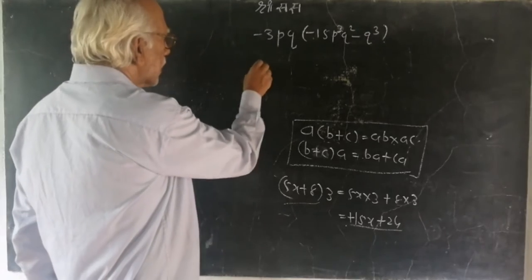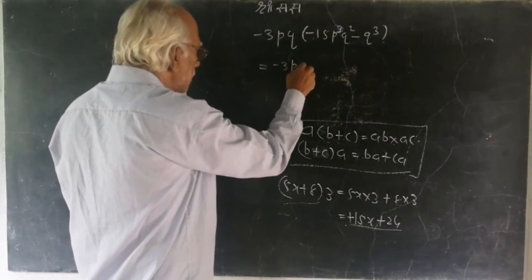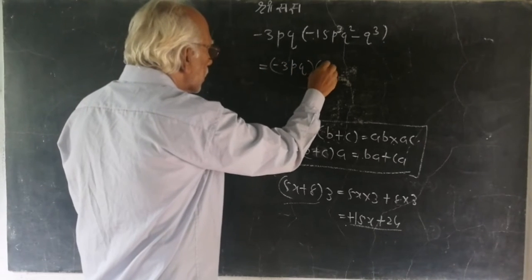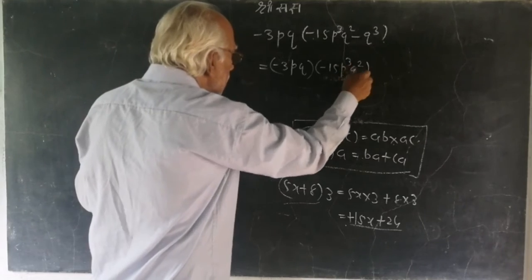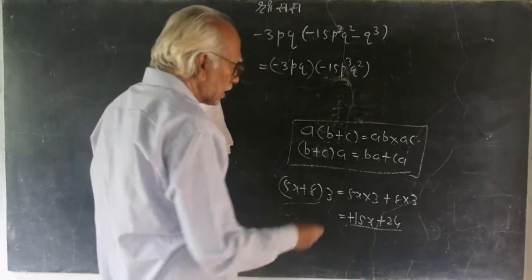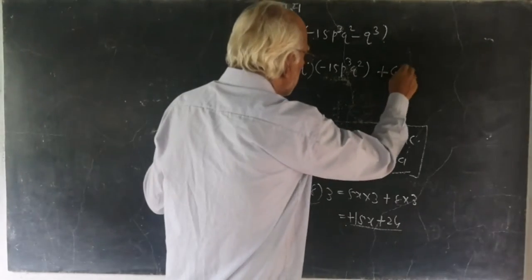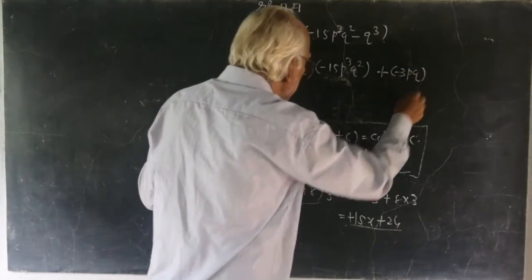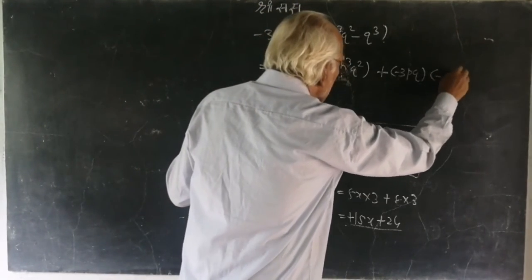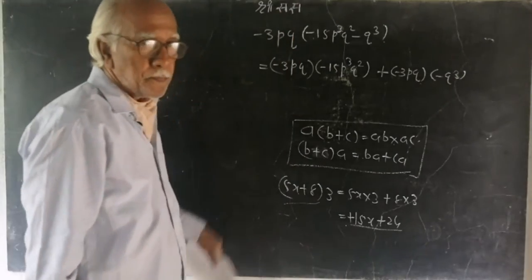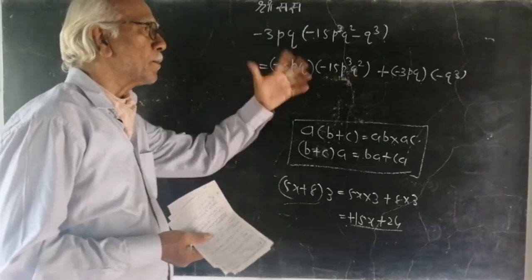Again, according to the distributive law, minus 3pq into minus of 15 p cube q square, and then however we will be writing the plus sign only. Then again minus of 3pq into minus of q cube.